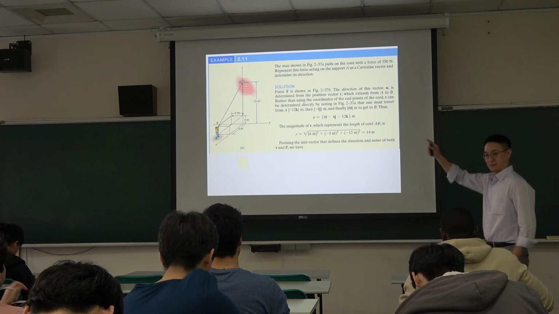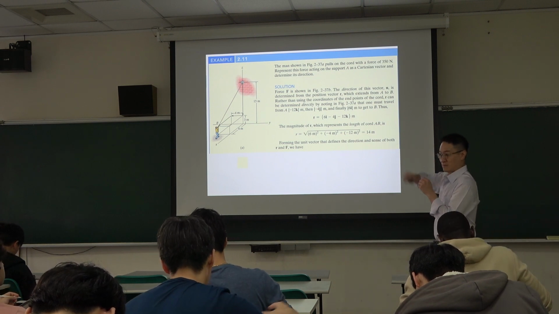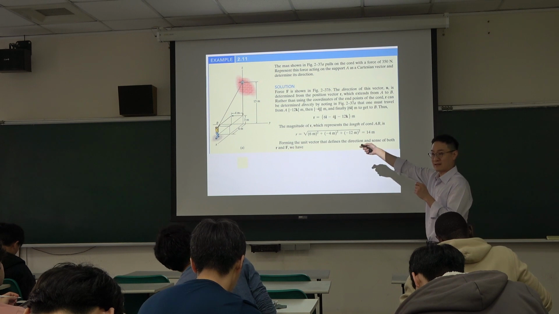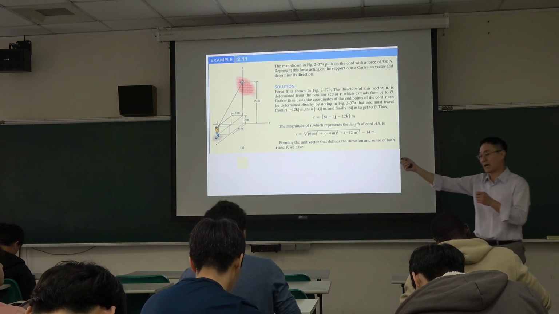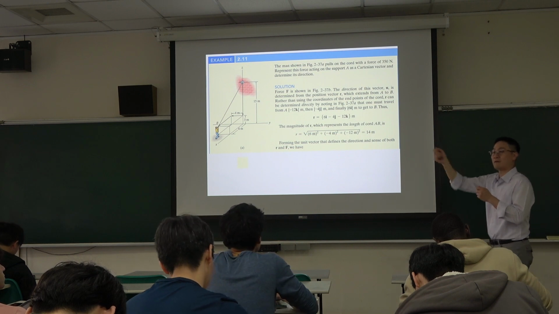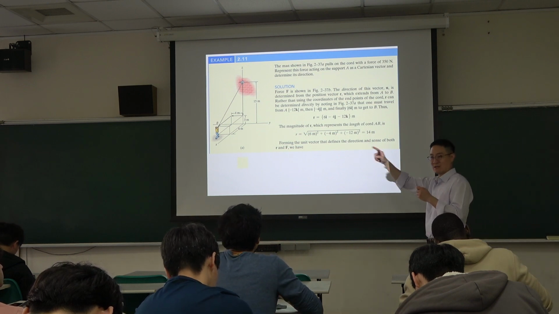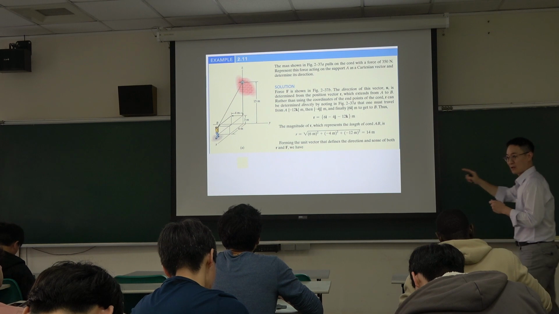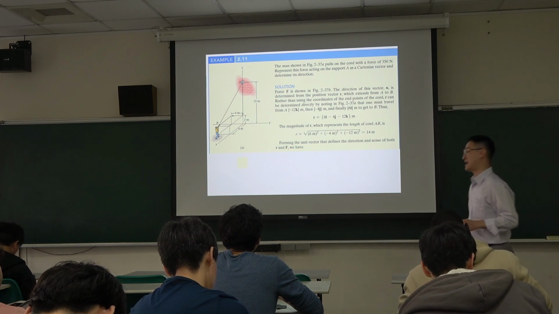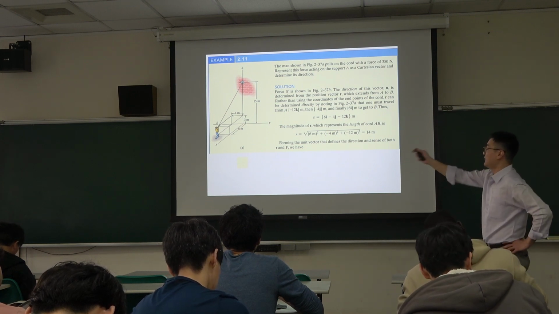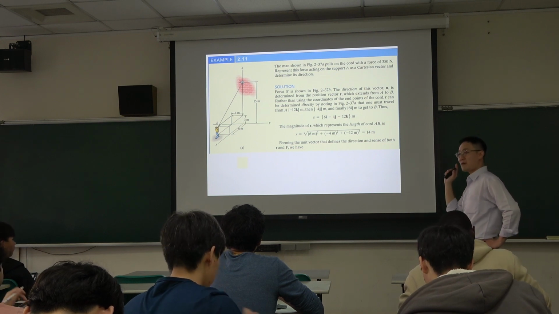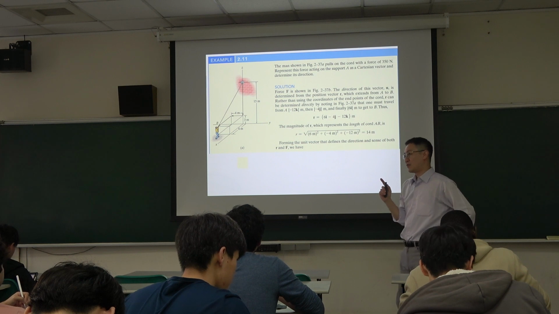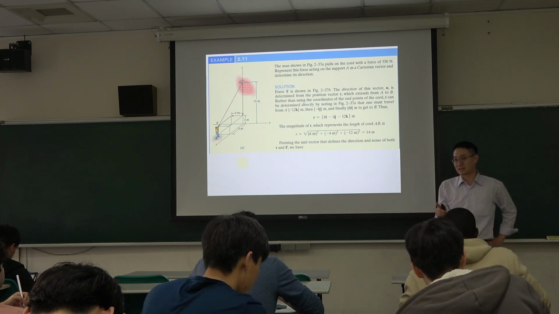Okay, so the force must be along this line. Okay, that's a cord and flexible. So if we can make it straight, that means our force must be along the line. Okay? So that's a condition. And then if we know the force is along this line, the position vector can represent the direction.